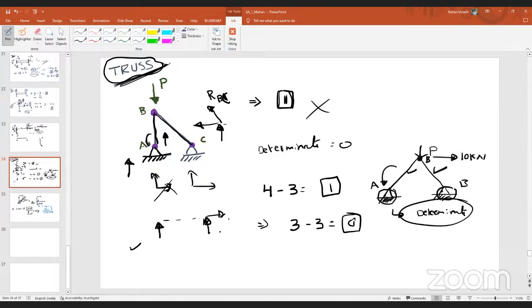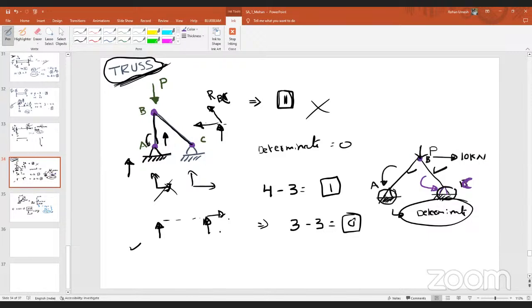Yes, sir. Similarly, at point B, sorry, this is already considered as B, so let me say this is C. At support C, the forces will transfer through BC, isn't it? Yes, sir.